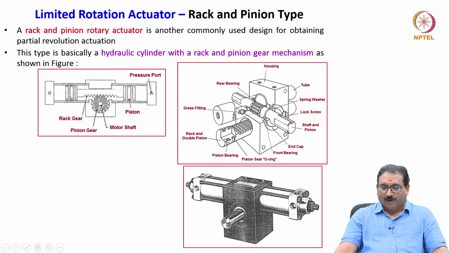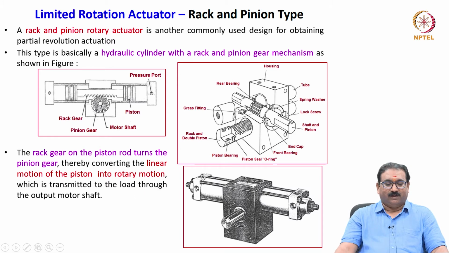The rack and double pinion. Here this is a housing. Then this one is what we call the pinion, and this is a commercially available unit.